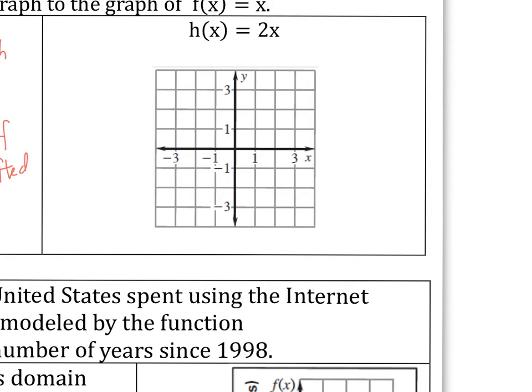Okay, and for h of x equals 2x, we know the y-intercept begins at 0, 0, and our slope is 2 over 1, so I'm going to shift 2 units up, 1 unit to the right, and 1, 2 will be my other point, and I can connect the dots. Let me redraw this. Okay, so this would be h of x equals 2x, and my parent function will be here.